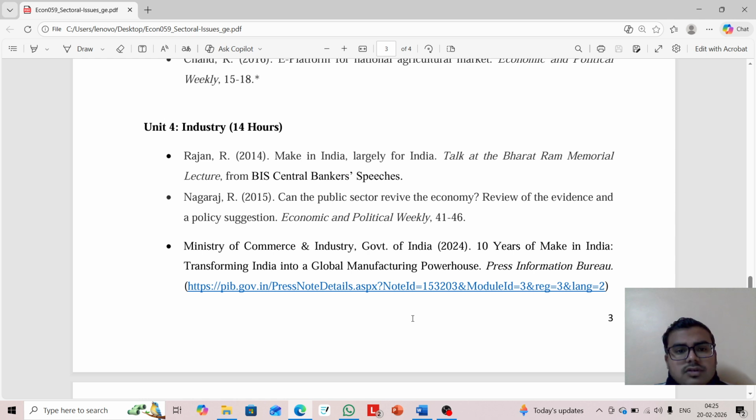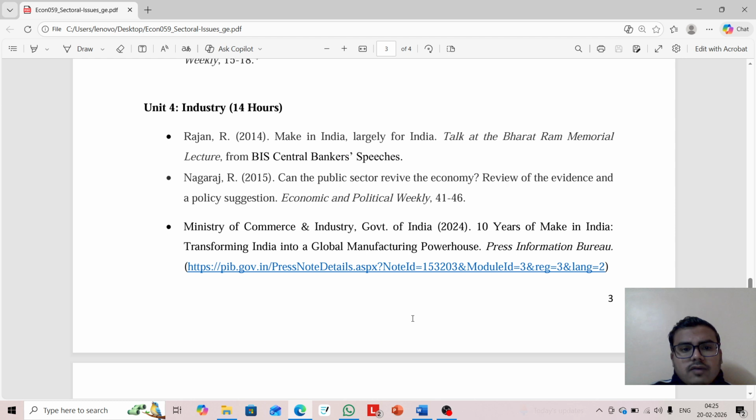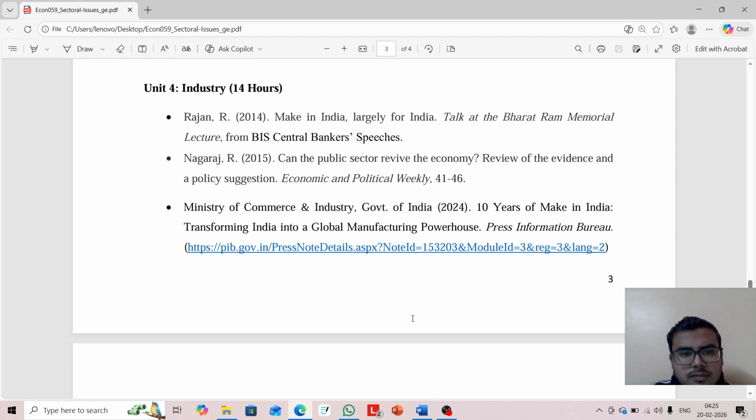So first we study the paper by Rajan 2014, Make in India Largely for India, talk at the Bharat Ram Memorial Lecture. After that we study a paper by Nagraj R 2015, Can the Public Sector Revive the Economy? Review of the Evidence and a Policy Suggestion.